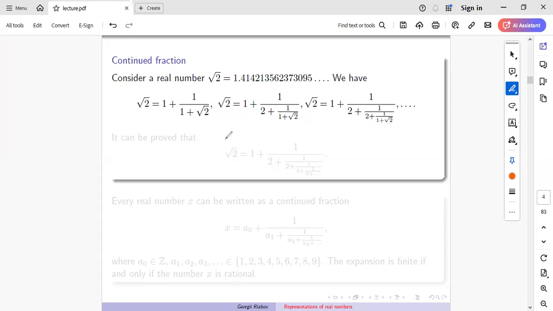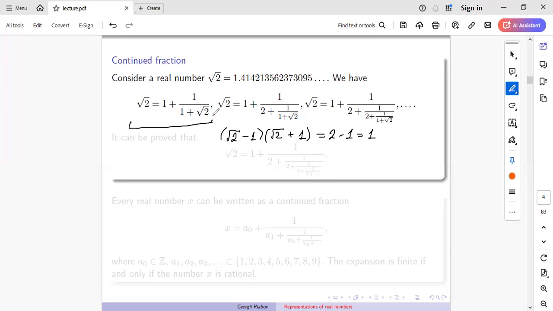Indeed, if we take root of 2 minus 1 multiplied by root of 2 plus 1, then we get the difference of squares, which is 2 minus 1, which is equal to 1. So now we divide by root of 2 plus 1, add 1, and get this equality.